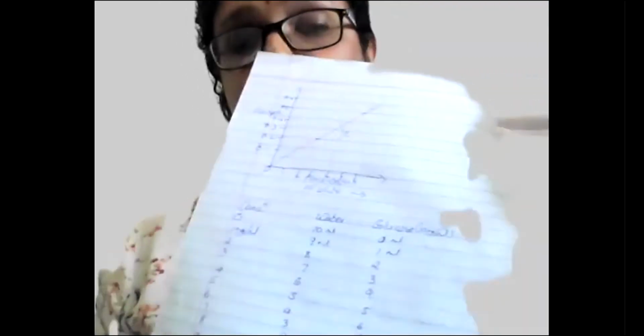And once you have that, you will be adding 10 ml and 0 ml, then the next one will be 9 ml, 1 ml, 8, 7, 6, 5, 4, 3, 2, 1, 0, and 0, 1, 2, 3, 4, 5, 6, 7, 8, 9, and 10. So you will have a table like this.